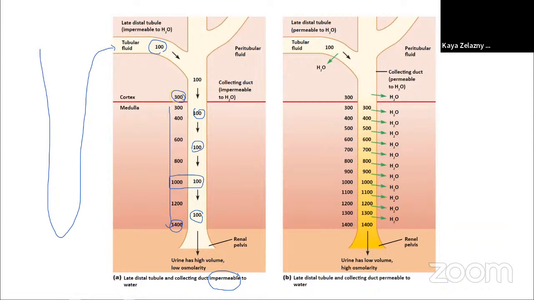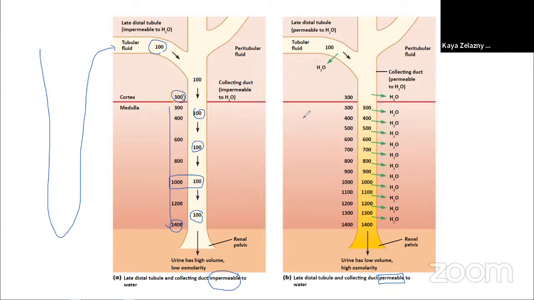On the right-hand side, what we're looking at is what happens if we do have permeability. In this case, we have ADH running around in your bloodstream, so we're inserting those aquaporin channels, which means we've made the distal tubule and the collecting duct permeable to water.